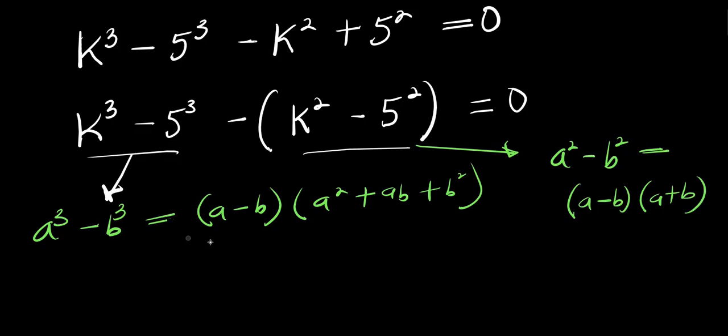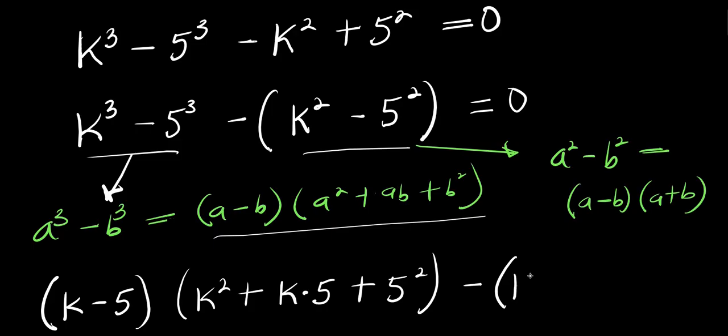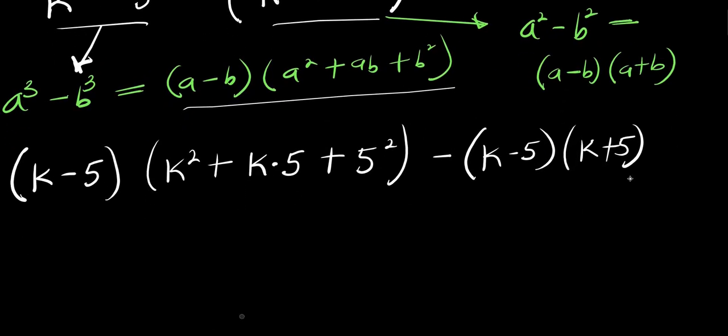So from here, let's apply this. Of k minus 5 times k squared plus k times 5 plus 5 squared. Then we have minus k minus 5 times k plus 5. And this equals 0.